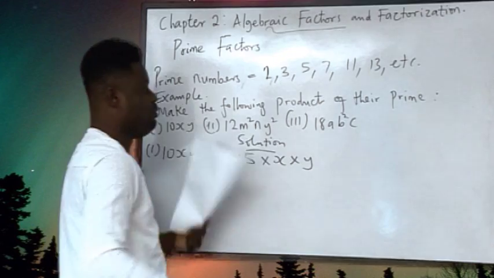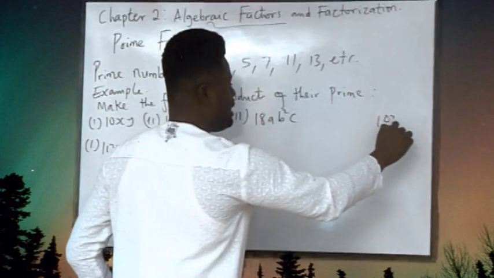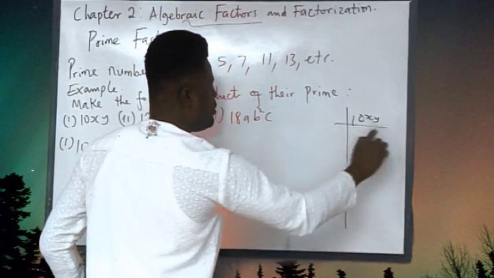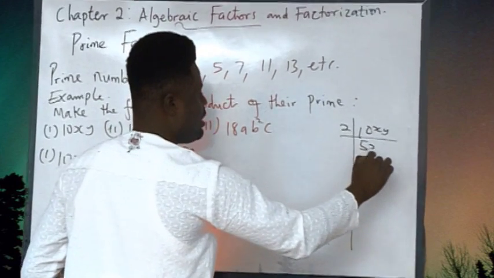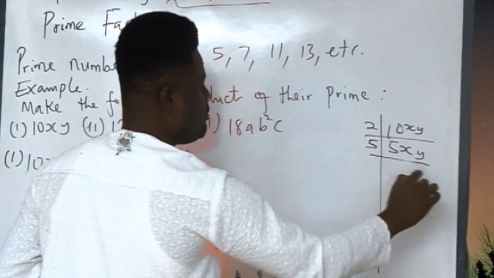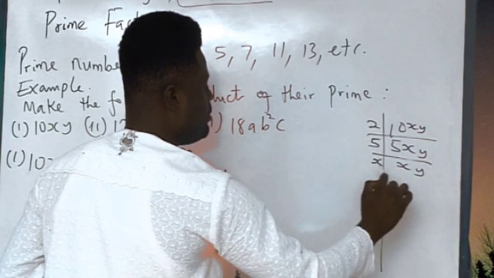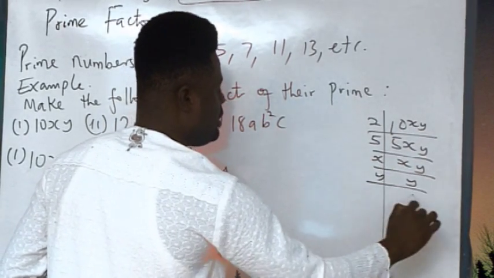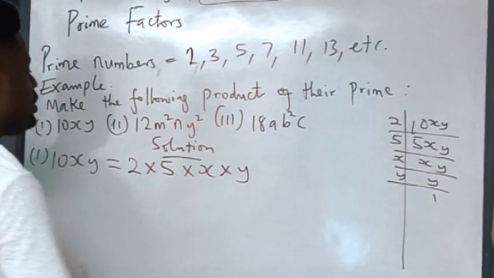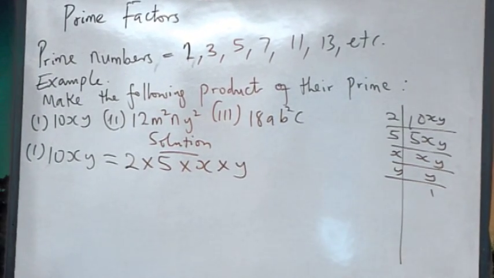That is the result, 10xy. 2 can divide to give us 5xy. 5 can divide to give us xy. x can divide to give us y. y can divide to give us 1. These are the prime factors of 10xy.